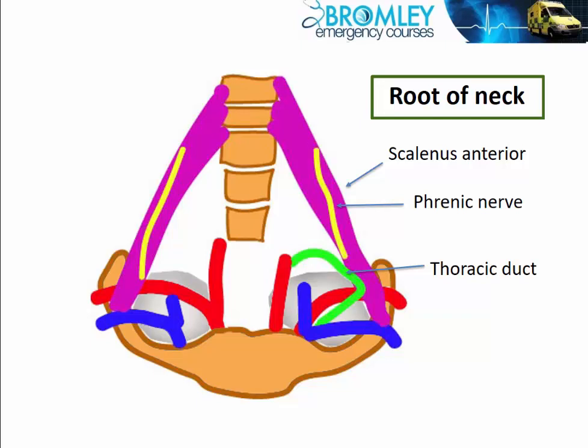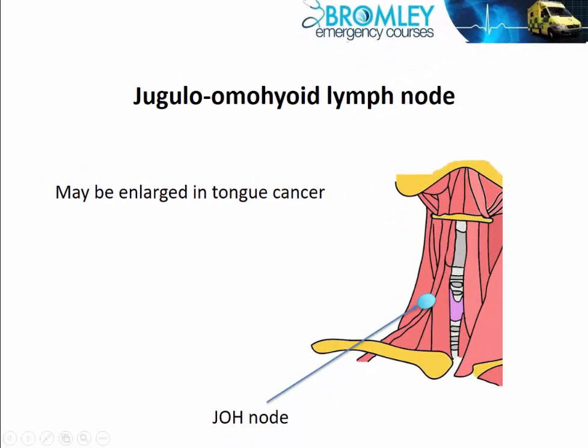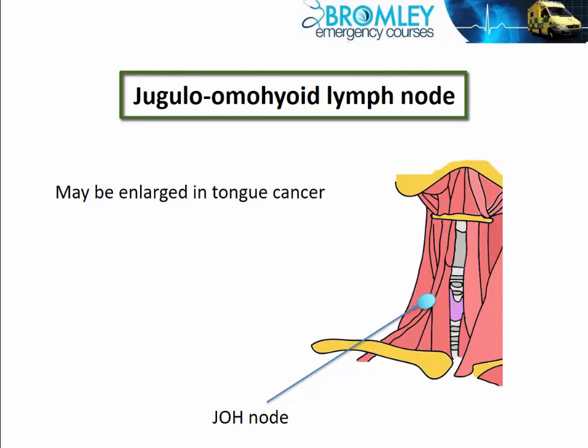You can also see the light grey here denotes the tops of the domes of the lungs, and the subclavian artery runs over the top of the lungs before passing behind scalenus anterior and into the arm. The curriculum mentions a particular lymph node which is found in the root of the neck, which is known as the jugulo-omohyoid lymph node.